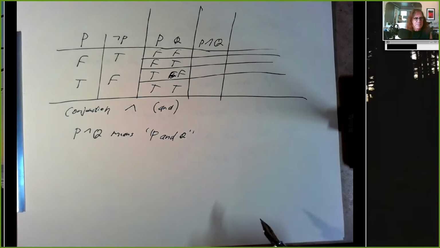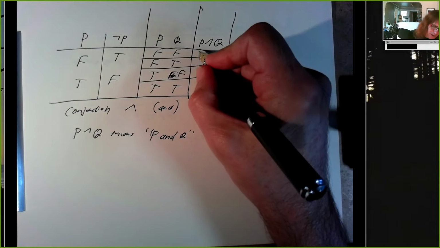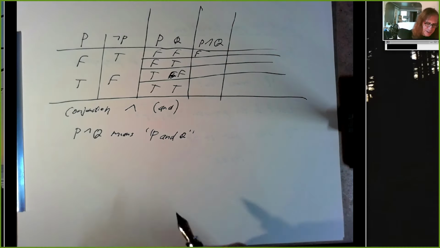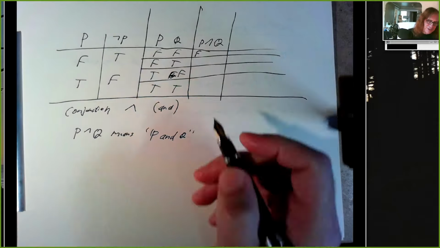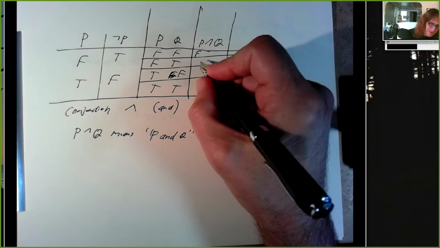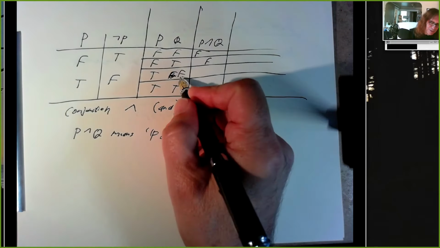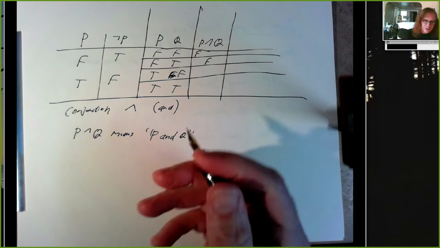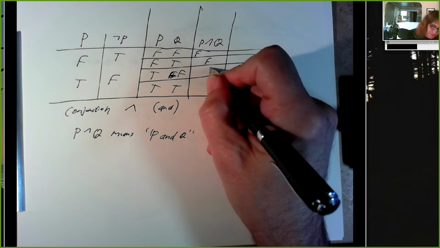Well, if P and Q are both false, can P and Q both be true? Absolutely not. If P is false, can P and Q be true? No, because P is false. And if Q is false, can P and Q be true? No, because Q is false.